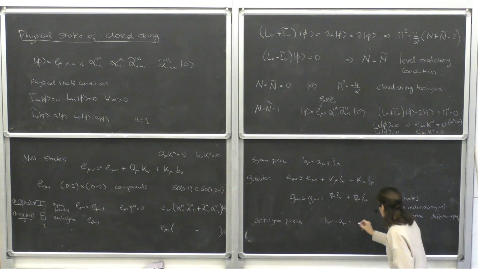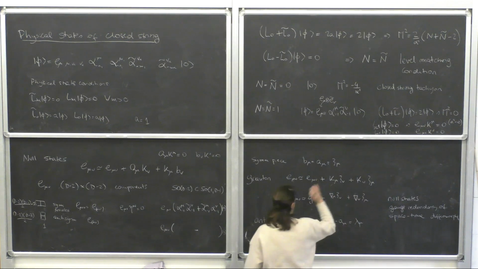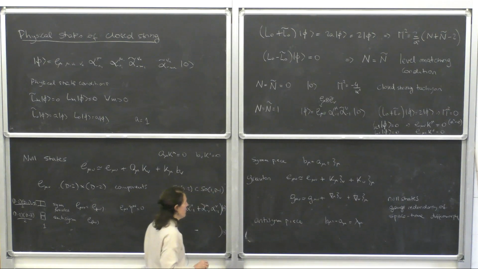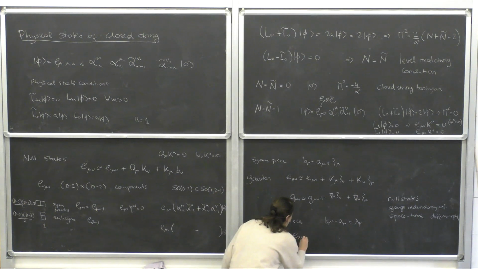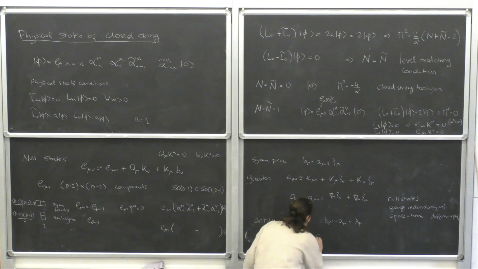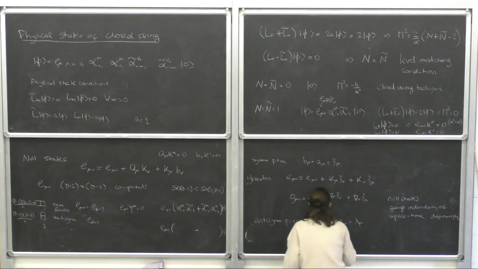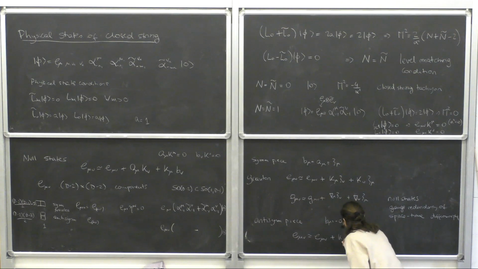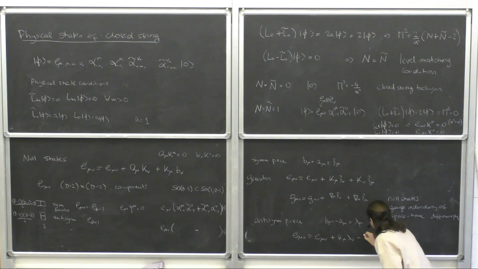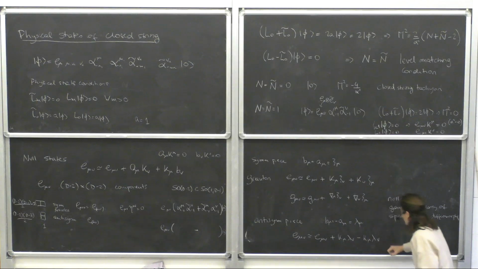So let me call this lambda mu, instead of xi mu, just because we're more familiar with this. So this says that E mu nu is like E mu nu plus k mu lambda nu minus k nu lambda mu.